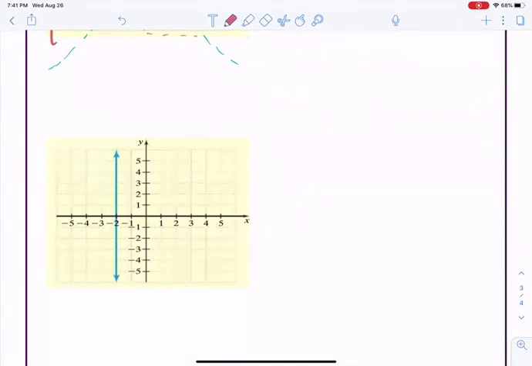So I'm drawing a vertical line through the actual curve, which is in blue. So you can see that the red line touches the blue line at every single possible point.